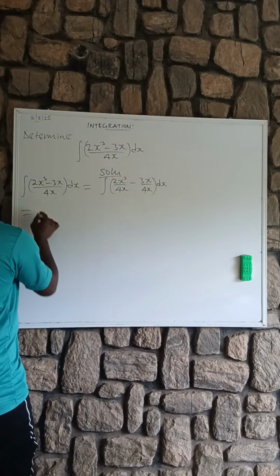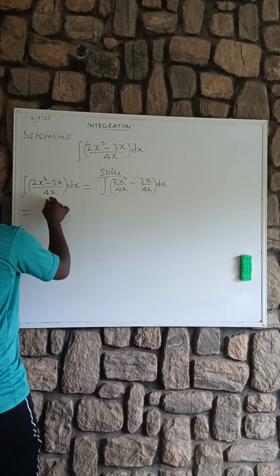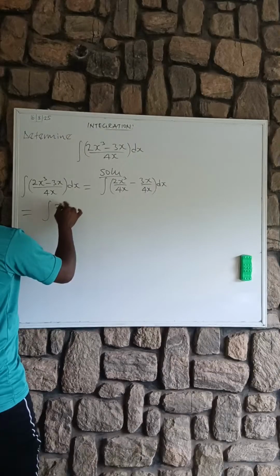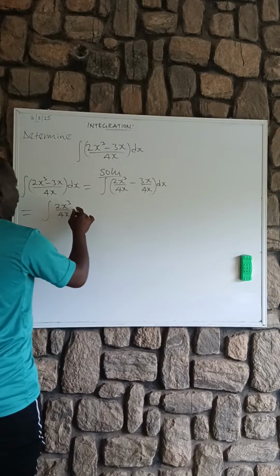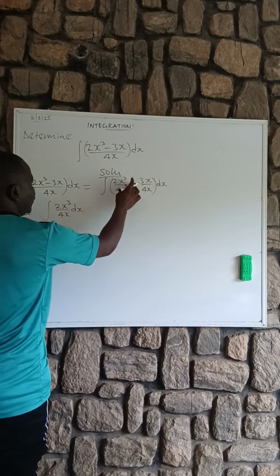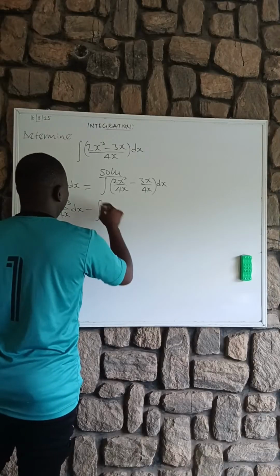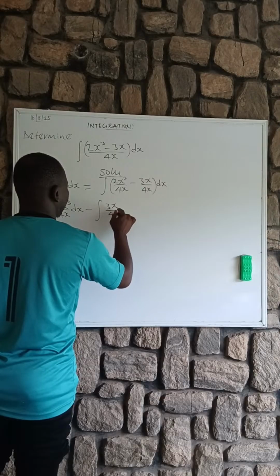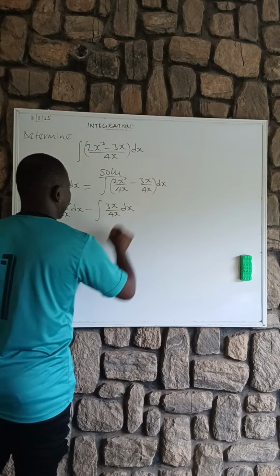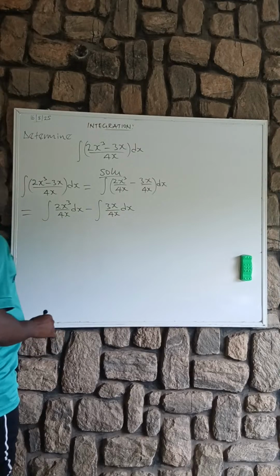let's part it, right? So this is the same thing as integral 2x raised to power 3 all over 4x dx, then minus integral 3x all over 4x dx, isn't it? True or false? It's true, right? Okay.